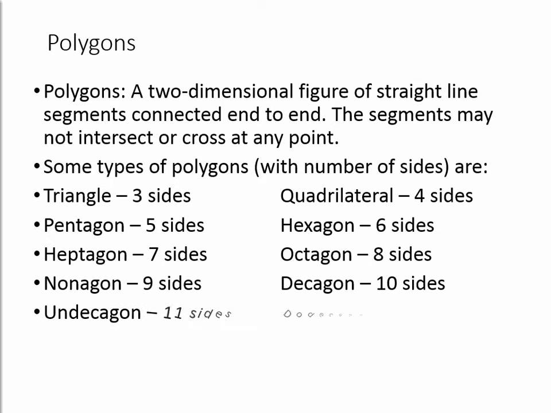For 11 sides, we're going to call it undecagon, and dodecagon is going to be for 12. If you speak Spanish, unde sounds like once, which is 11 in Spanish. Dode for dodecagon sounds like doce, which is 12.